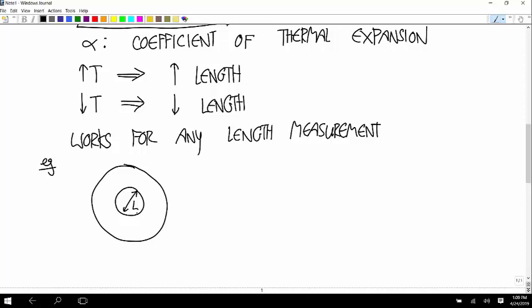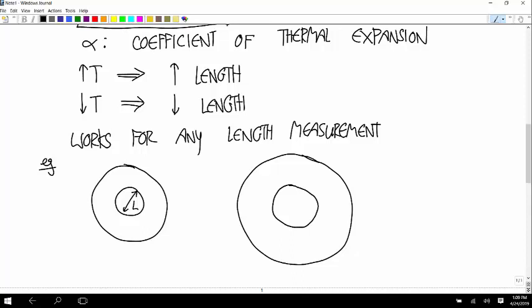Well, if you increase the temperature, every length measurement gets bigger. Not that much bigger, but that's the idea. And that means that on the inside here, you might convince yourself, if you think about it, oh, well, if it gets bigger, then that fills in the gap a little bit or whatever. But this length gets bigger just like any other length measurement. Okay.